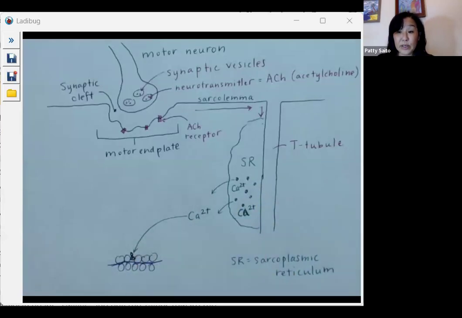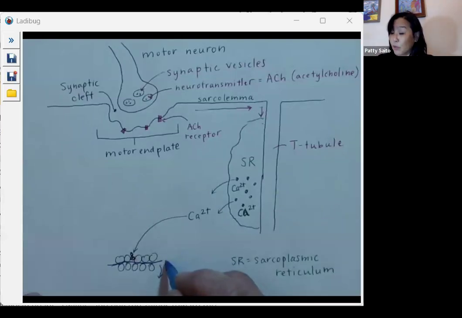When it binds to the troponin, it causes the tropomyosin to move. Okay, so it's something called the conformational change. Sometimes you bind a molecule and it causes a change in structure. And so the tropomyosin is the little rope thing is going to move and now expose binding sites for myosin heads.